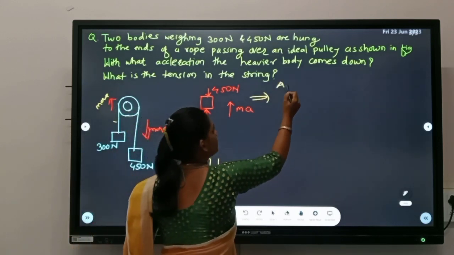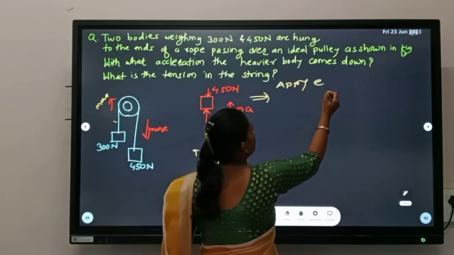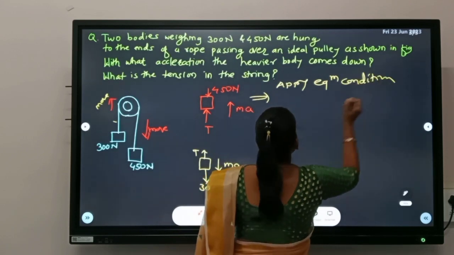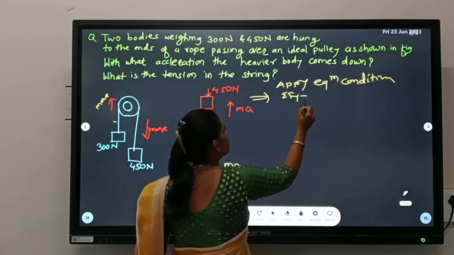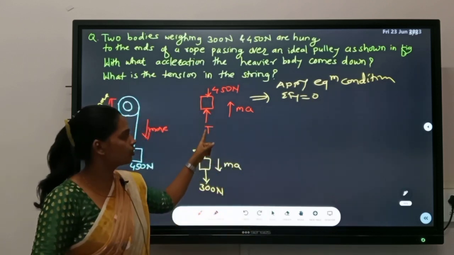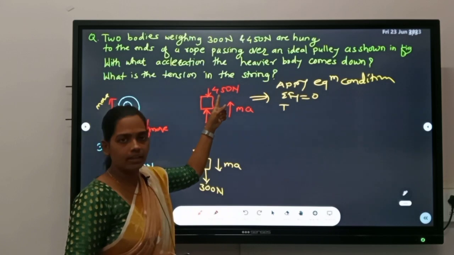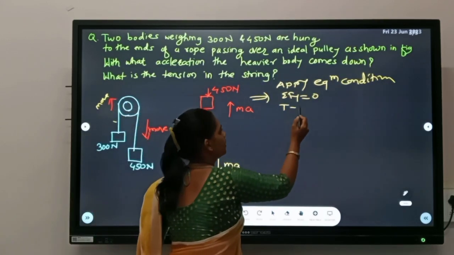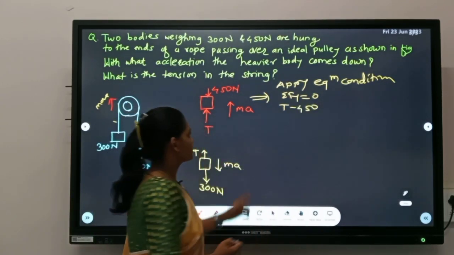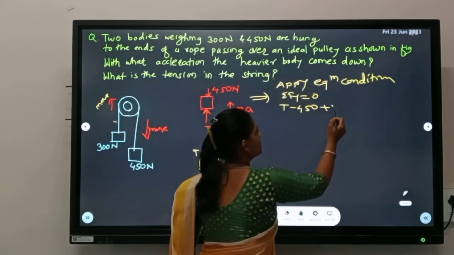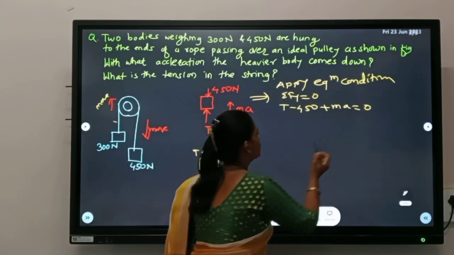So apply equilibrium conditions. Summation Fy is equal to 0. Since tension is going upward, plus T, and 450 is coming downward, that's why minus 450. Inertia force is going upward, so plus ma is equal to 0.